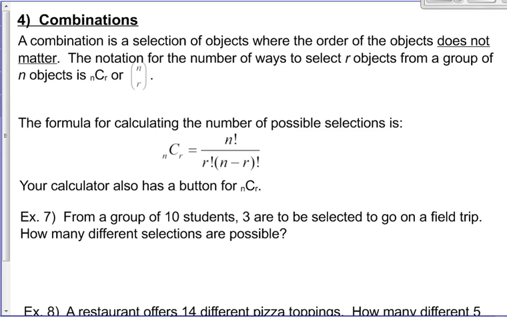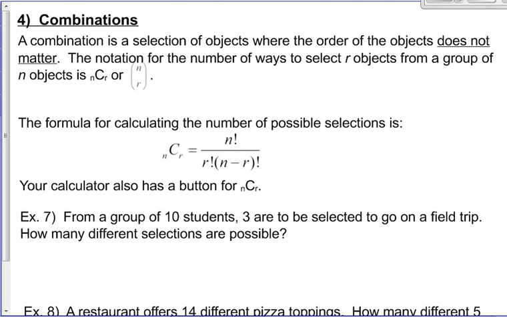So mathematically, we say a combination is a selection of objects where the order of the objects does not matter. So that's different from a permutation. In a permutation, the order matters. In a combination, it does not matter. The notation for the number of ways to select r objects from a group of n is nCr. So no surprises here.